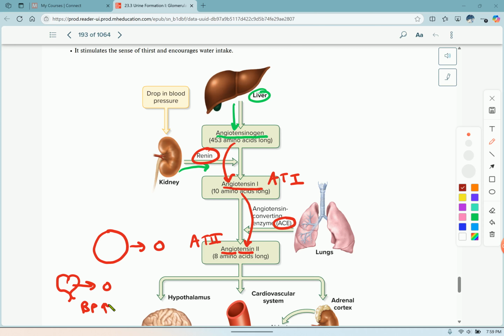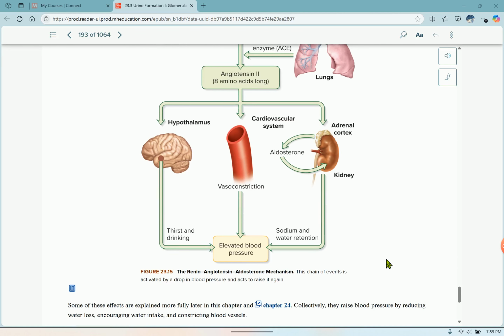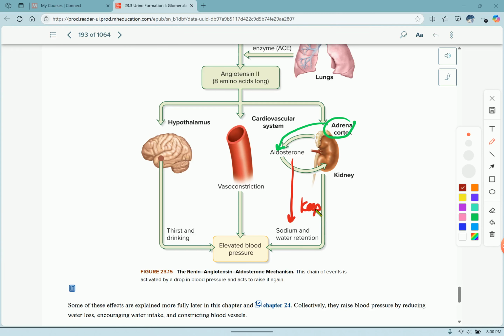Now what about aldosterone? Aldosterone is released from the adrenal cortex, and in the presence of aldosterone, you're going to keep sodium and therefore water. So you have sodium and water retention, and if you keep sodium and water, you're increasing blood volume, and that's going to increase blood pressure.